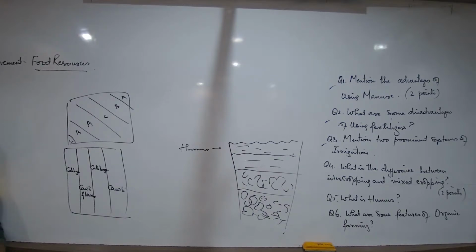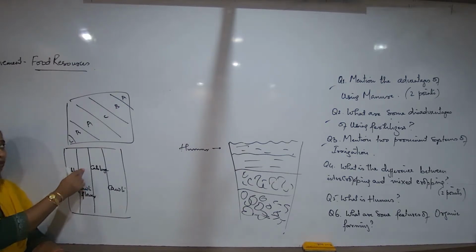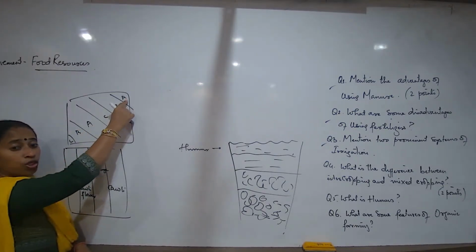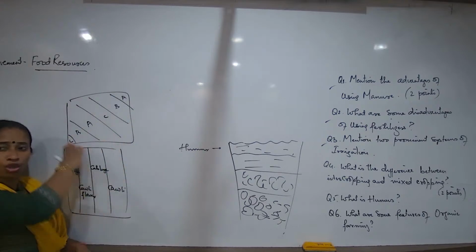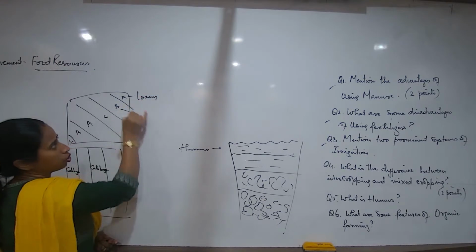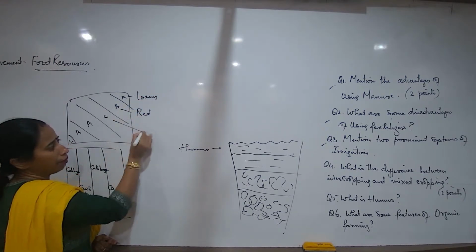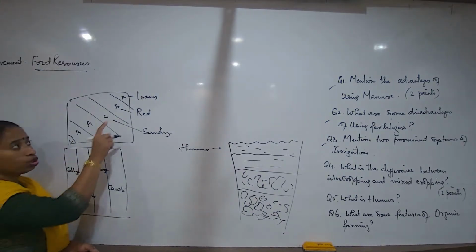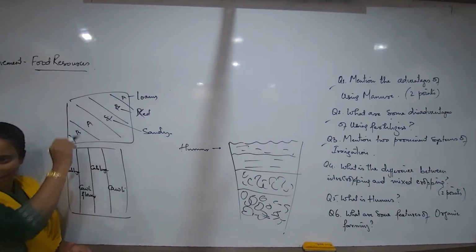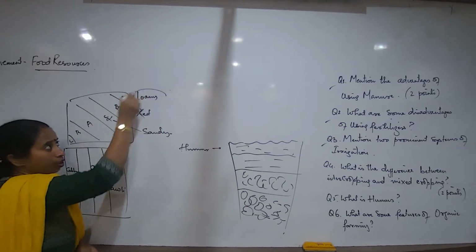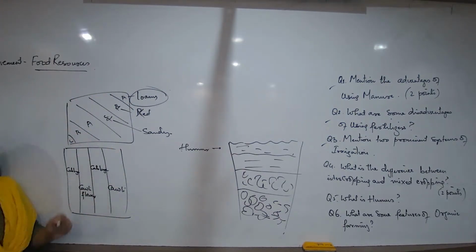No, almost related types, and the soil must be suitable for A, B and C. I cannot choose A good for loamy, B good for red and C good for sandy soil. I have to choose A, B and C such that all grow in loamy soil, because my soil is loamy.